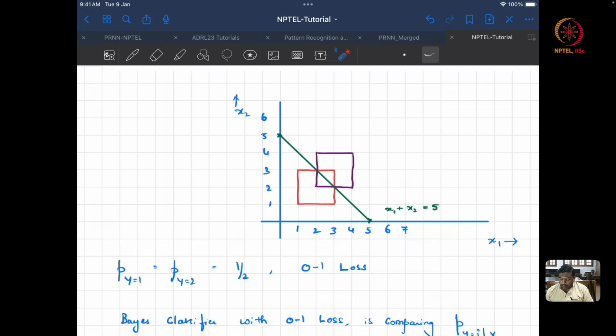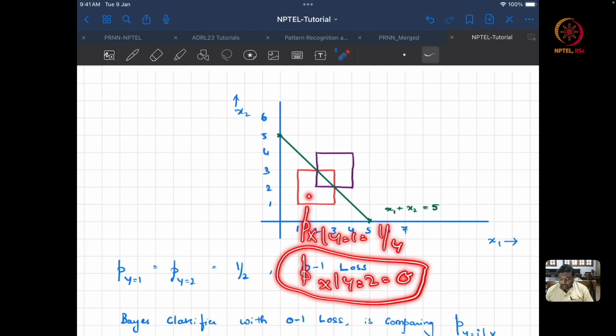Now for any point that you are considering here, for example, let's consider this point. The probability of x given y is equal to 1 will be 1 by 4. The probability of x given y is equal to 2 will be 0 for this. Whenever you take the risk, you will be considering the minimum of them, so you don't need to worry about this.